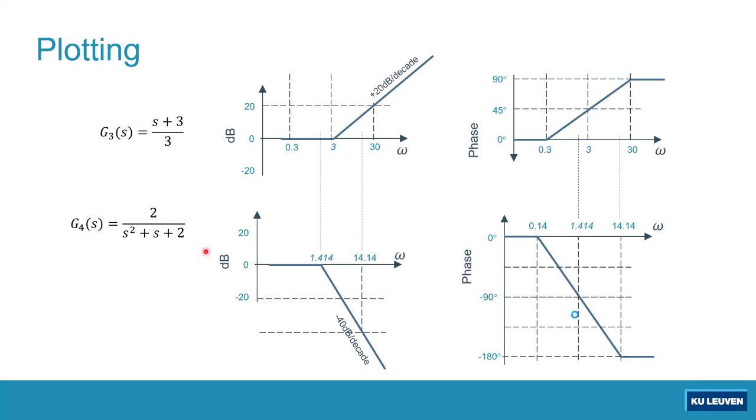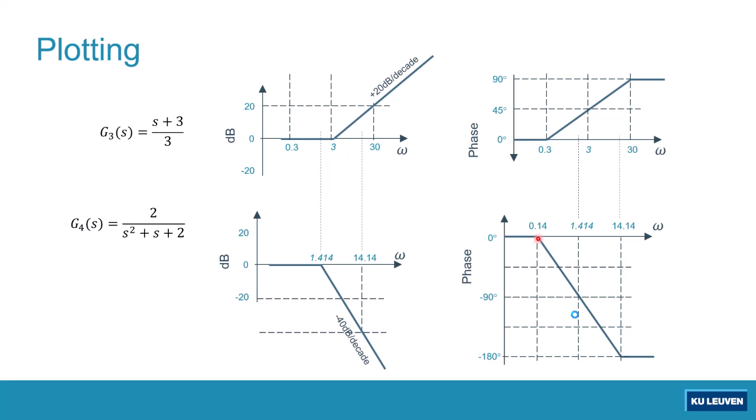For the fourth simple system, we have a second order system. The corner frequency is omega n, equal to the square root of 2, or 1.414 radian per second. The magnitude plot will be 0 at low frequency, and it will follow a line of negative 40 dB per decade at high frequency beyond 1.414 radian per second.